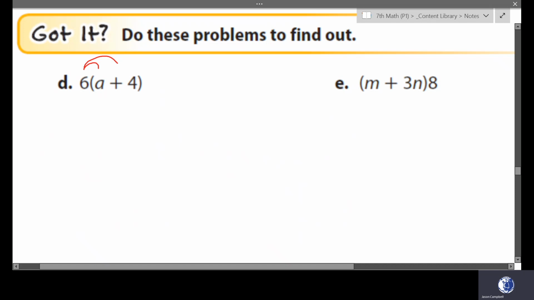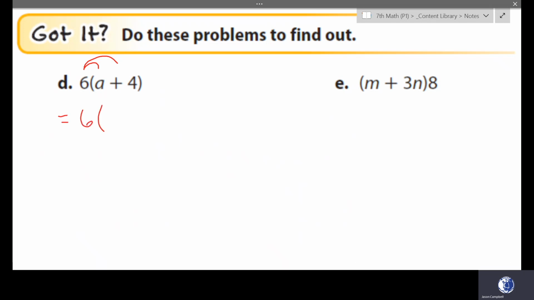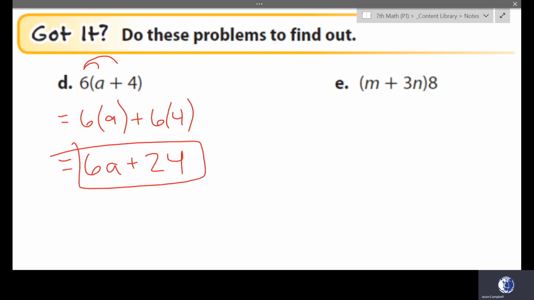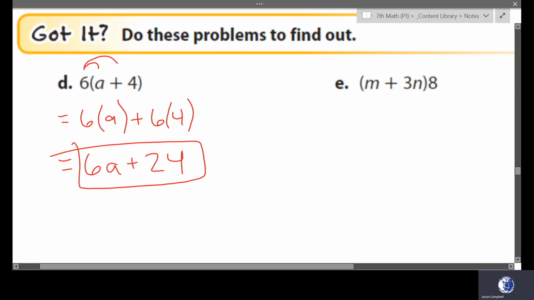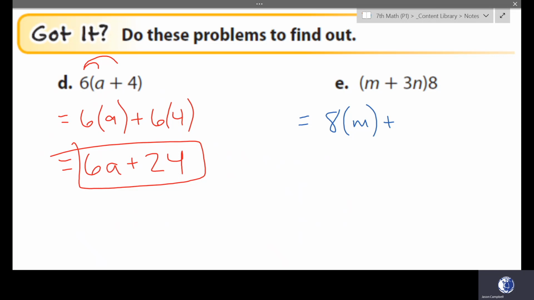For got it D, we're going to do 6 multiplied by A, and then we're going to add 6 multiplied by 4. We get 6A add 24. For got it E, we're going to do 8 multiplied by M, add 8 multiplied by 3N.